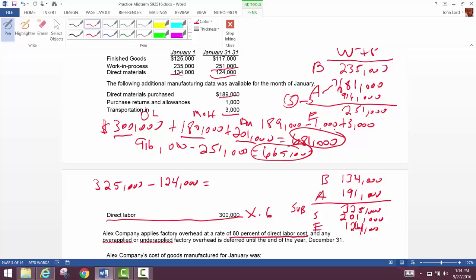189,000 plus 300,000 plus 180,000, right? Minus, what was the amount returned? 1,000 was returned, plus transportation in is 3,000.